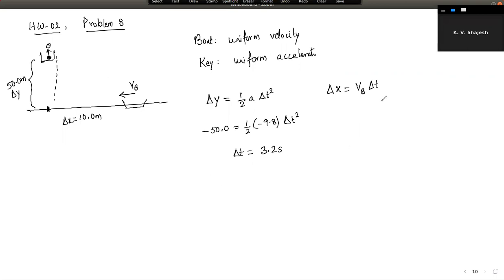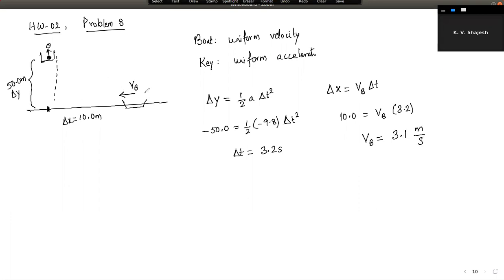Once we have the time, we can substitute this in the second equation. Delta x now is 10 meters, the velocity of the boat is what we are interested in, and the time is 3.2 seconds. So the velocity of the boat is 10 divided by 3.2, and that's 3.125, so it's 3.1 meters per second.